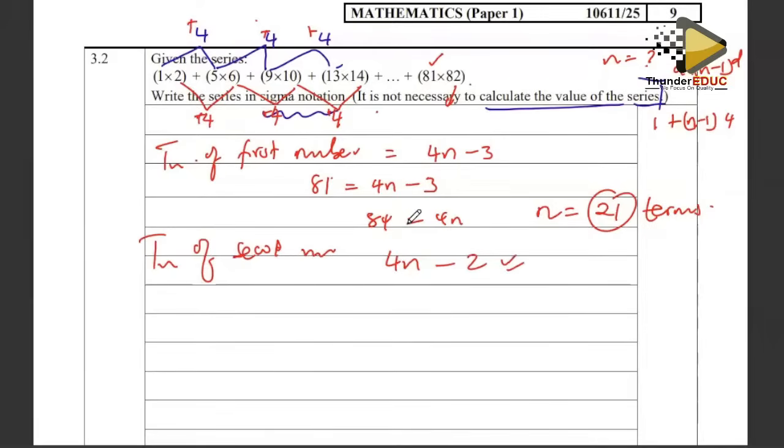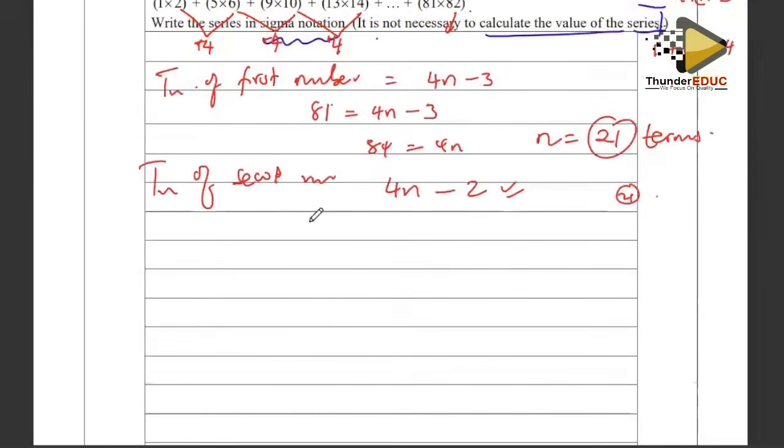So if I replace this by the 82, it's also going to give me the same thing, which means I'm looking at 21 terms. Okay, so meaning that I can come down and say that my sigma n must start from 1. Okay, because if I replace zeros here, I'm going to get negative numbers, which does not align. But if I use ones, then it will respect that.